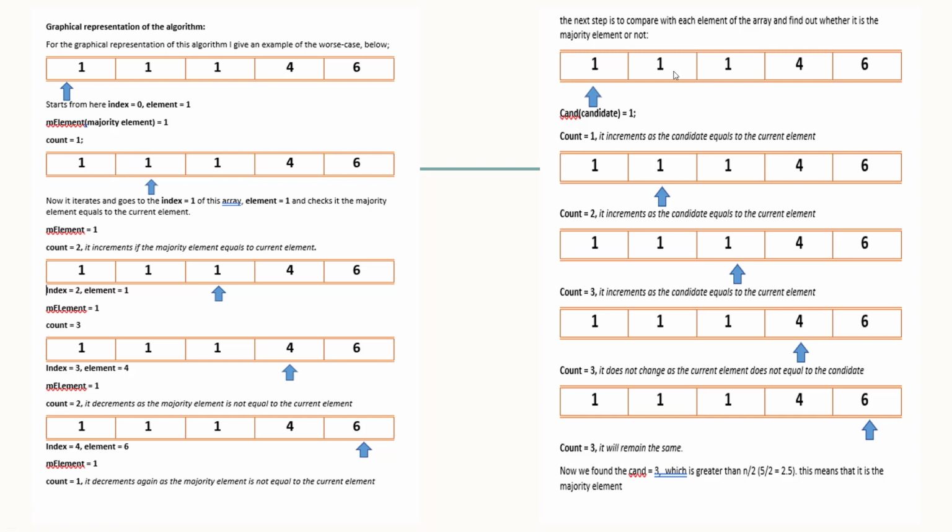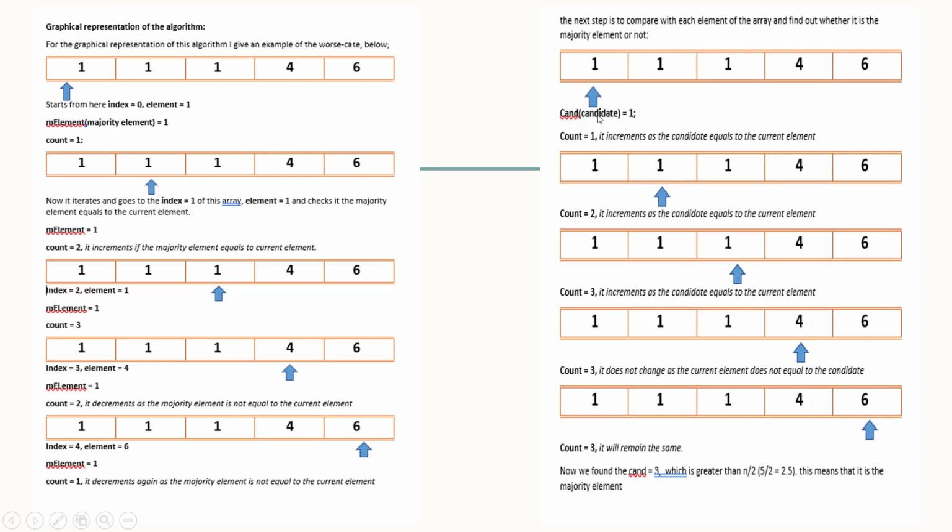So we will go to the second loop. In the second loop, we will check if the candidate element is the majority element or not. And we said that it is the majority element if it appears more than half the size of the array. Now let's check it out. So we will start with the first element in this array, which is 1, right? We see if they are equal, then we will increment the count by 1.